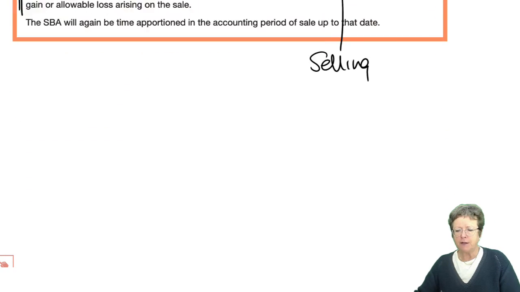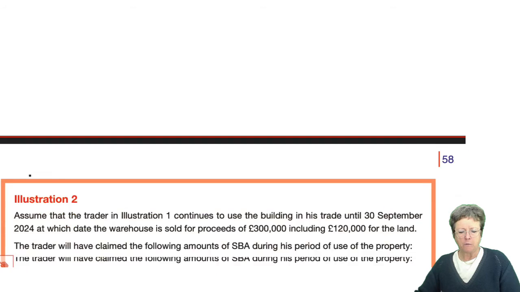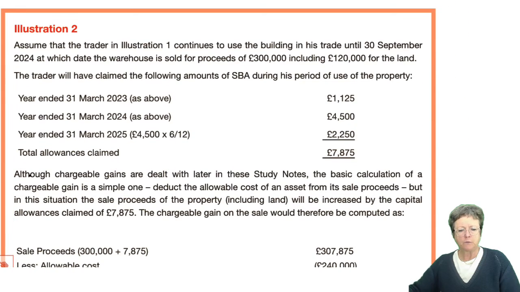Let's have a look at the second illustration. We assume that the trader in illustration 1 continues to use the building in his trade until September 24, at which date the warehouse is sold for $300,000, including $120,000 for the land. So we're going to see how the rule that we've just looked at affects the computations. So the trader will claim the following.